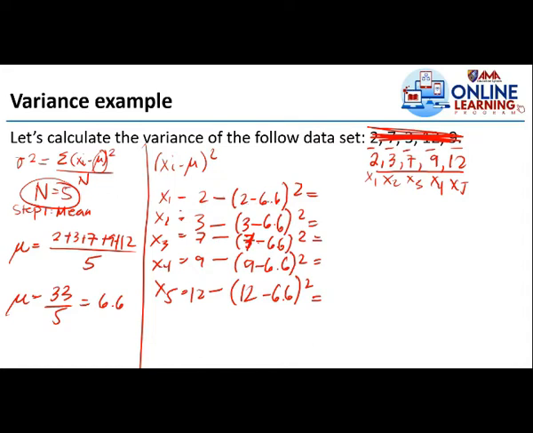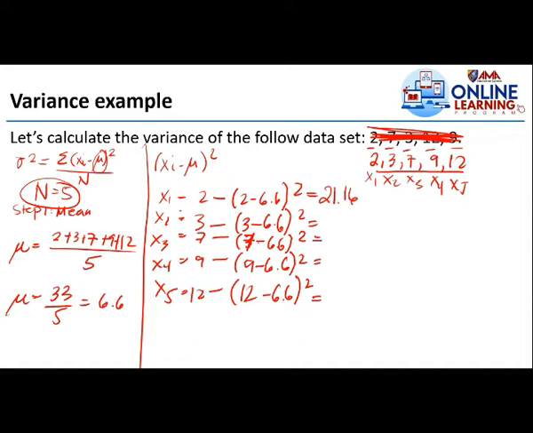That is 4.6. Tama? So, magiging positive siya kasi naka-enclose siya dito. So, 2 minus 6.6 raised to 2, that is 21.16.